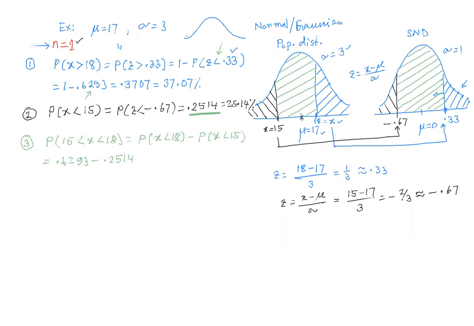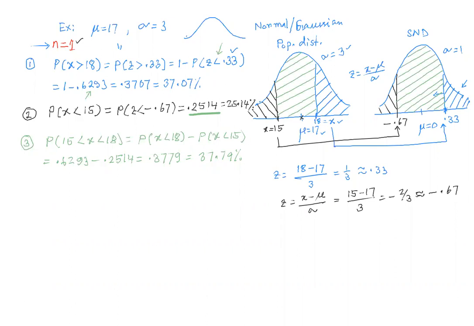So 0.6293 minus 0.2514 is 0.3779, which is the same as 37.79%. So there is a 37.79% chance that a randomly selected student spends between 15 and 18 hours studying.